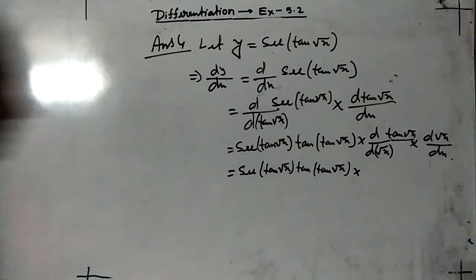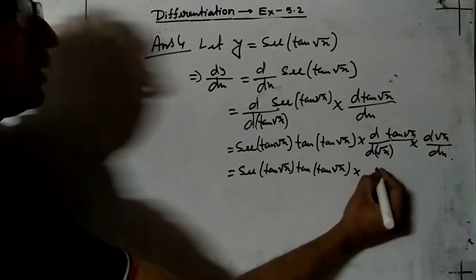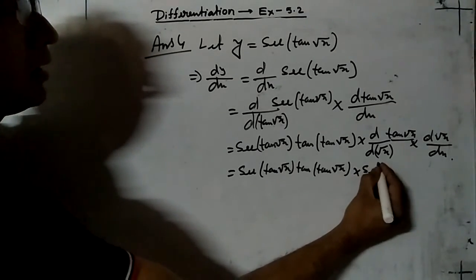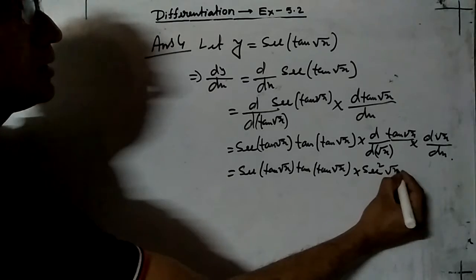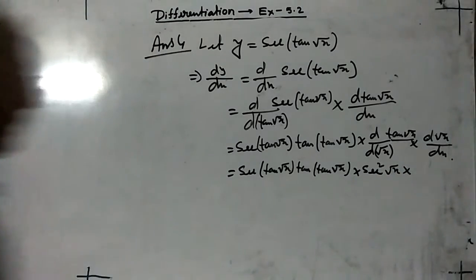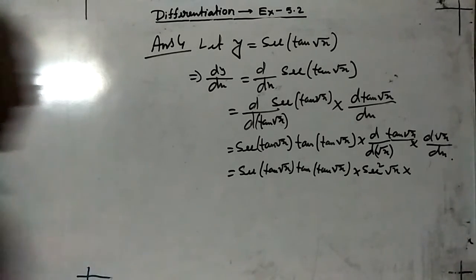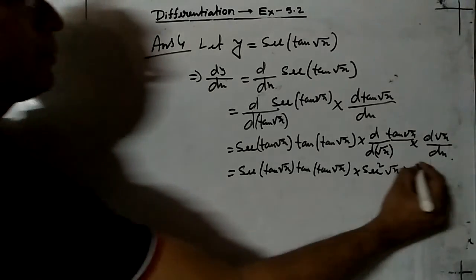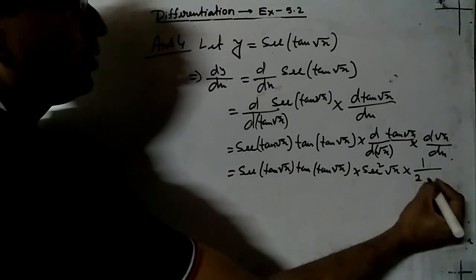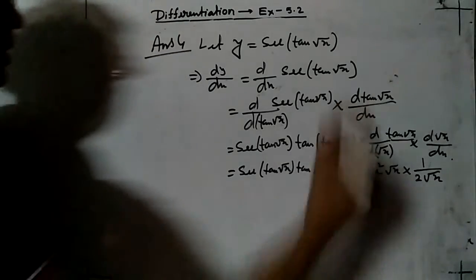Now we know that the derivative of tan x with respect to x is sec square x. So the derivative of tan root x with respect to root x will be sec square root x, right? And the derivative of root x, that means x to the power 1 by 2, if you use the formula, will be 1 by 2 root x. You remember the derivative of root x is 1 by 2 root x.